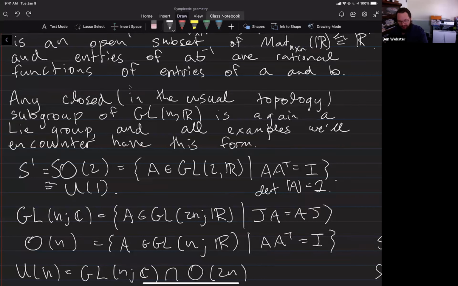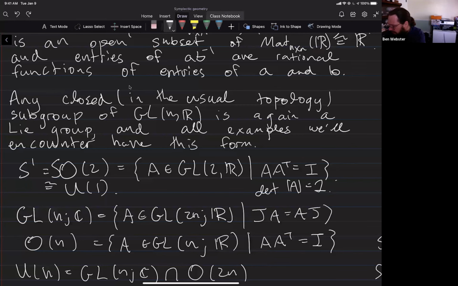So if you already know one Lie group, and we found one very easily, all of the obvious subgroups of it are probably going to be closed under the usual topology. All of those are automatically Lie groups.